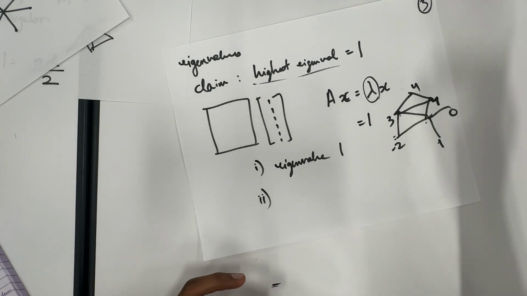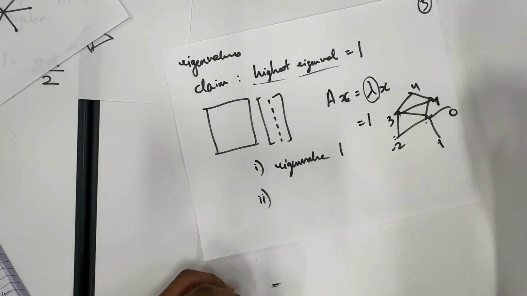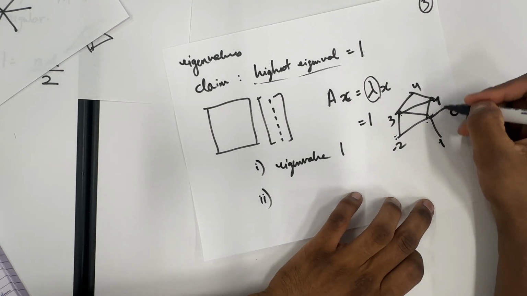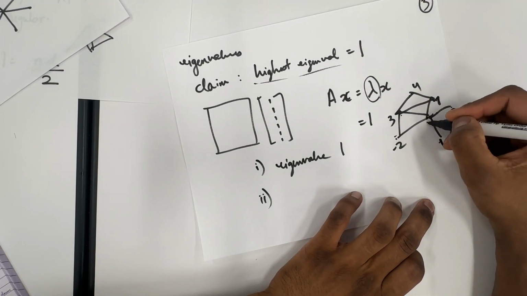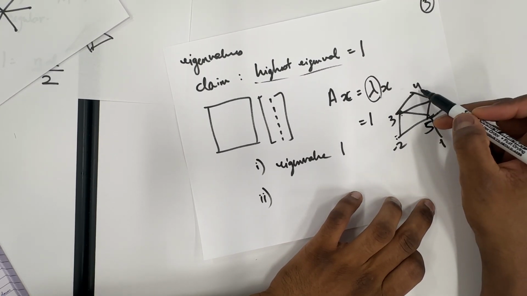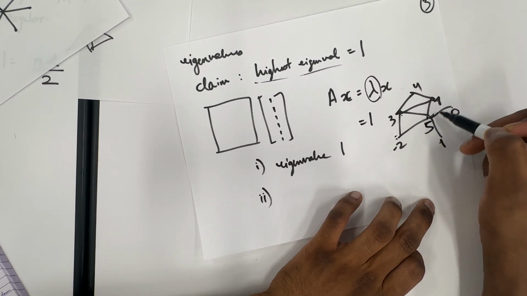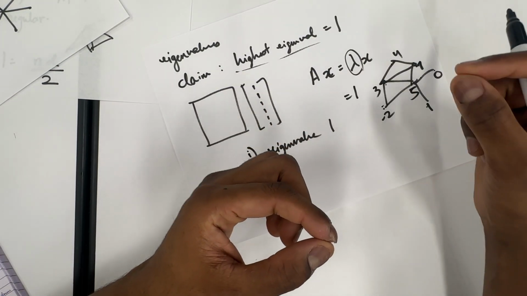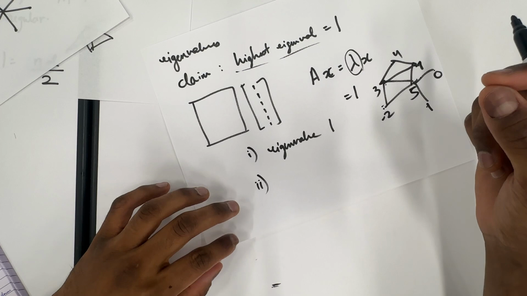Now what will happen if I take the average of numbers which are lower than 7? Well, it can only bring that number down, right? If this was 7 and I took the average of 3, 5 and 4, what is this? 3 plus 4 is 7 plus 5 is 12, divided by 3 is 4. So the highest one can only be brought down by taking an average of all of its neighbors.